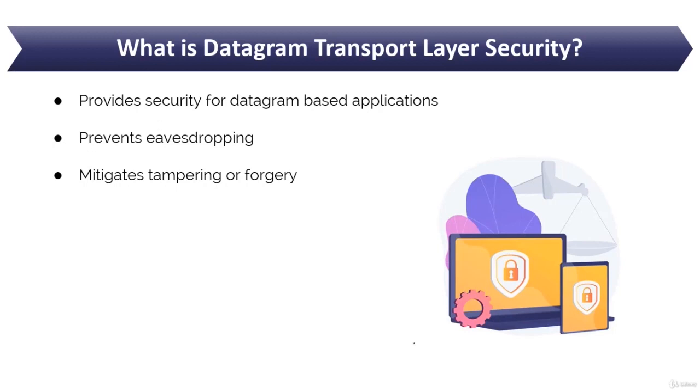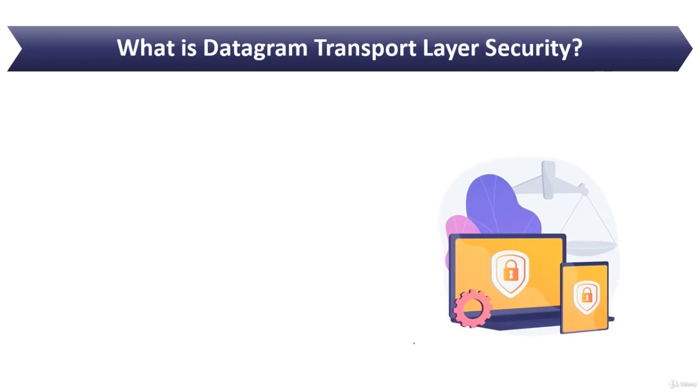So basically, this protocol is meant for mitigating basic security attacks like data tampering or data forgery. It is based on the stream-oriented Transport Layer Security protocol, that is the TLS protocol, and it is intended to provide similar security guarantees.